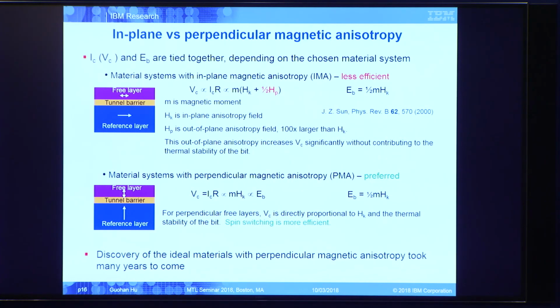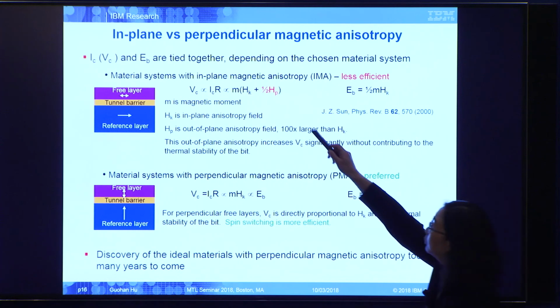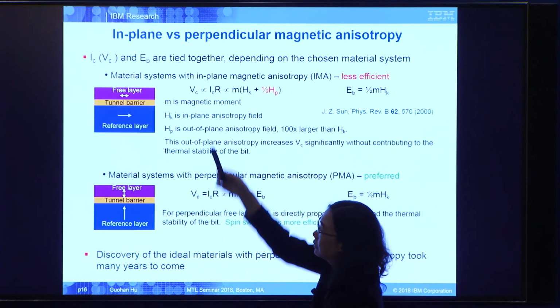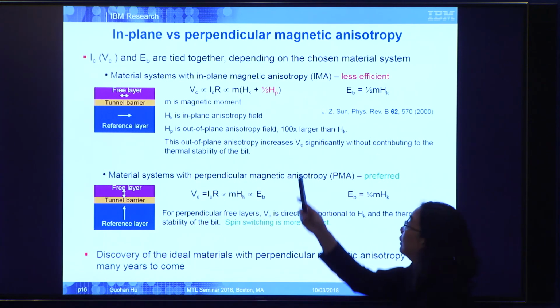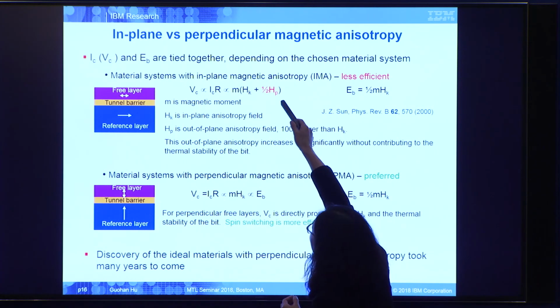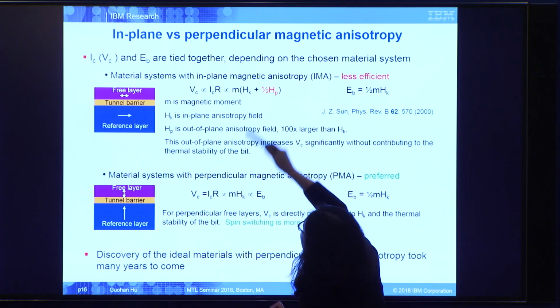Imagine this is your magnetization, in plane, your free layer. When you start to switch it, it has to precess. So there is some moment when it tilts out of plane. This gives you an extra term in the current, how much current you need to tilt it out of plane. And this is an add-on term, which is very large.